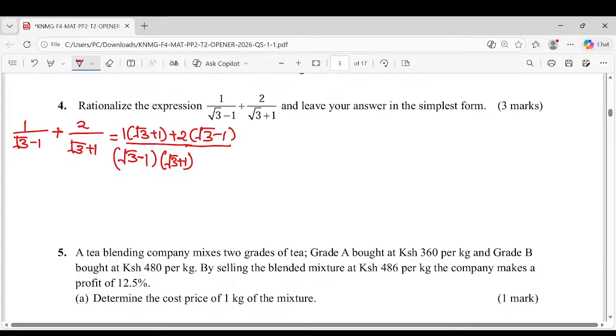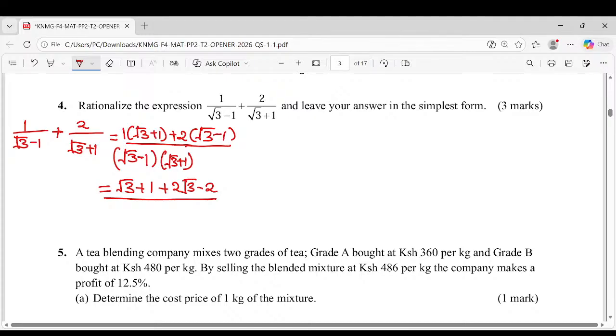On opening the brackets in the numerator, this will be root 3 plus 1 plus 2 root 3 minus 2, all over the denominator, which is a difference of two squares.